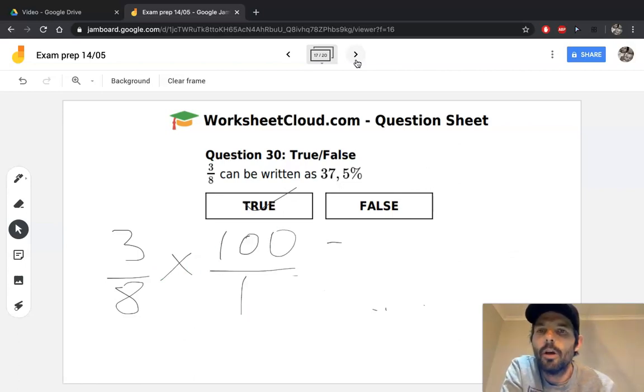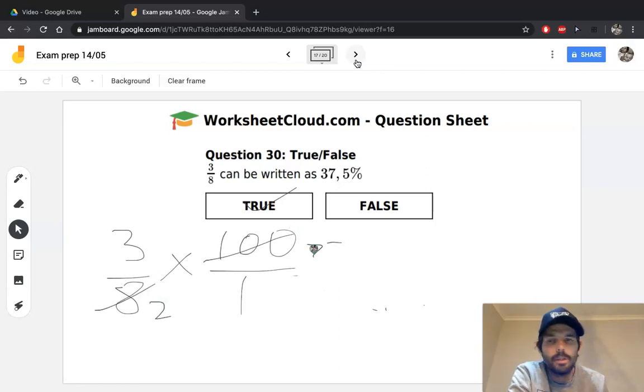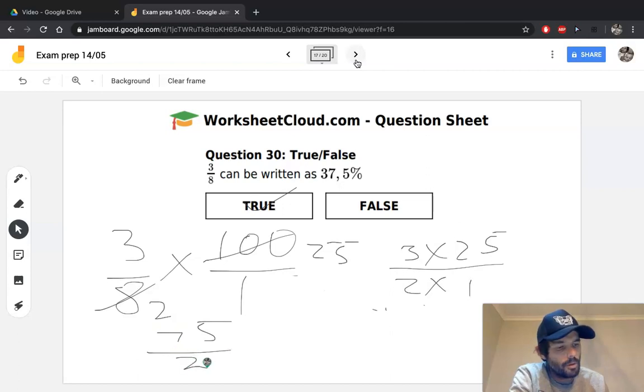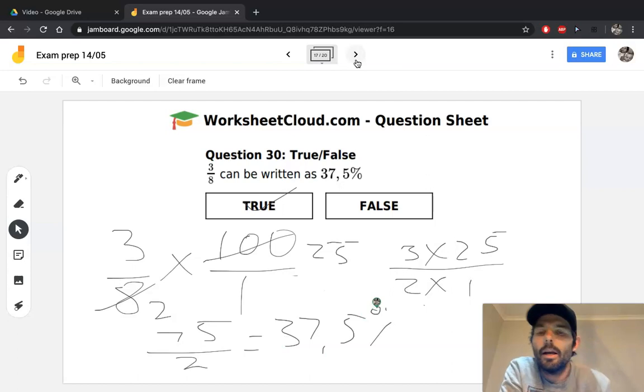How do I do that? I can simplify diagonally. I know 4 goes into 8 twice and 4 goes into 100 25 times. Now I've got 3 multiplied by 25 in my numerator and 2 multiplied by 1 in my denominator. So that gives me 75 over 2, which equals 37.5%. And there you can see it remains true.